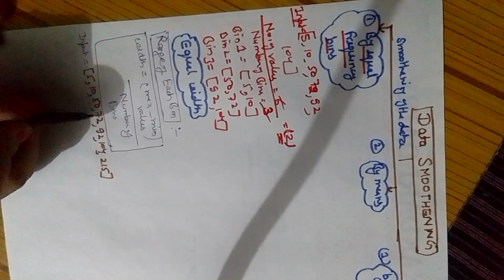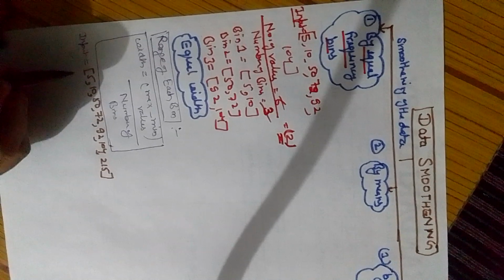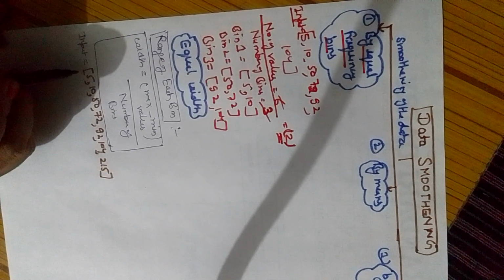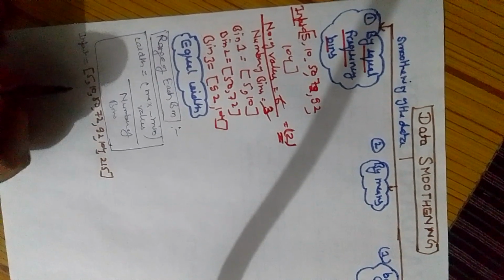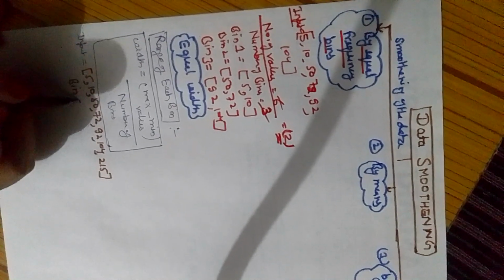So 1, 2, 3, 4, 5, 6, 7. There are 7 values. Now we will take 3 bins.